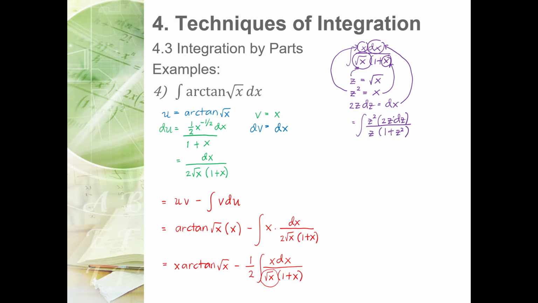Cancelling out z and z, we have the integral of 2z squared dz all over 1 plus z squared.